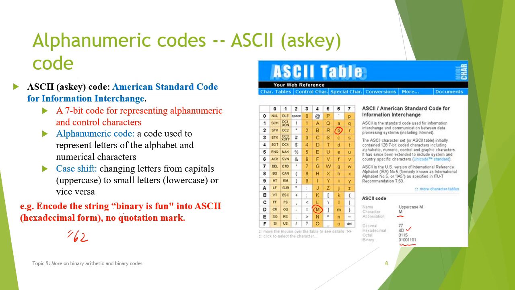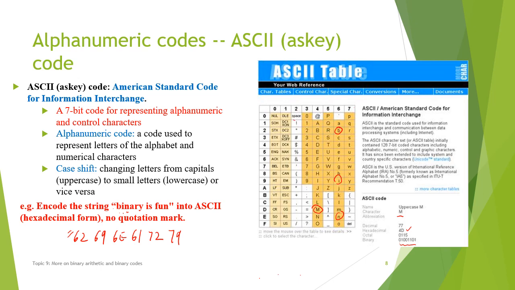For i, let's find a small i, which is 6, 9. For small n, that's 6, E. And small a, that's 6, 1. Small r, that's 7, 2. Small y, that's 7, 9.